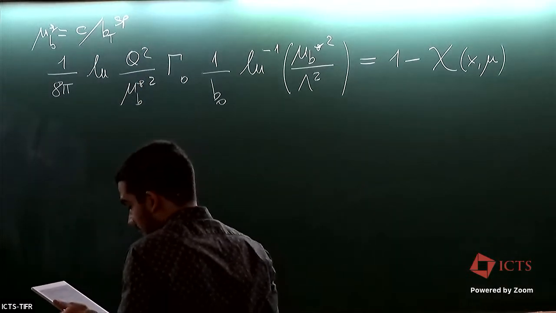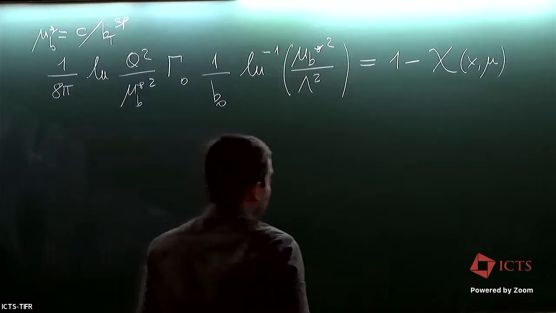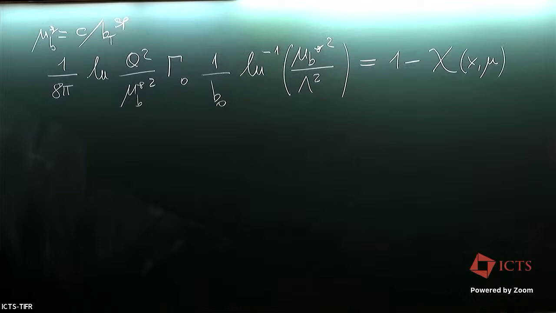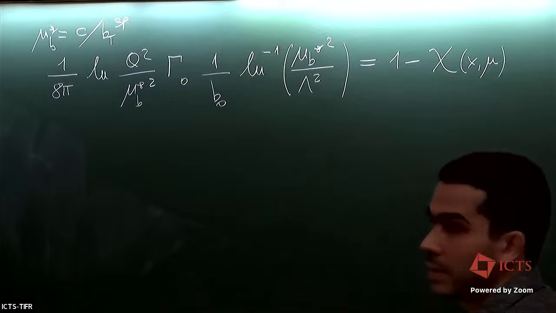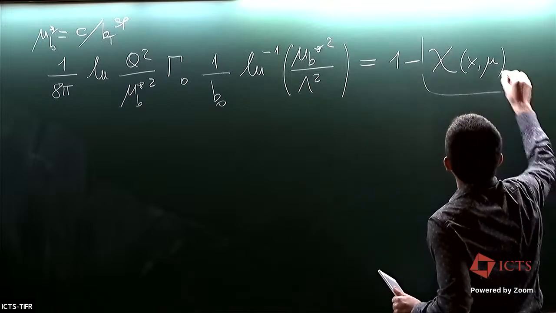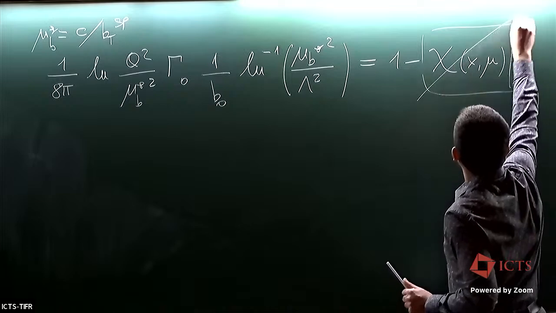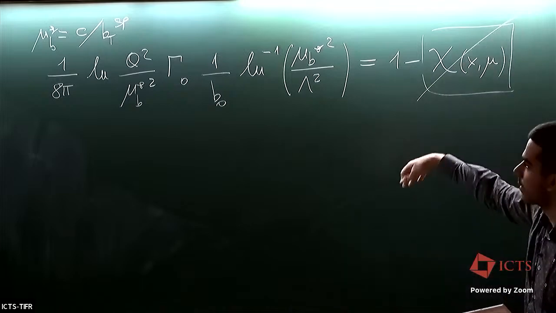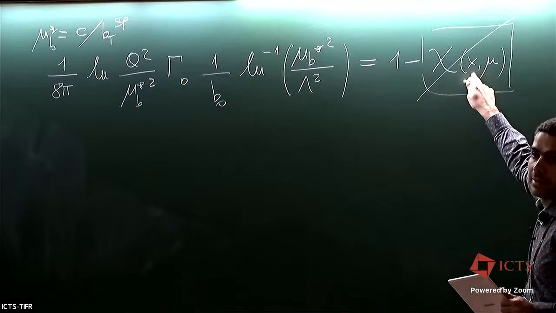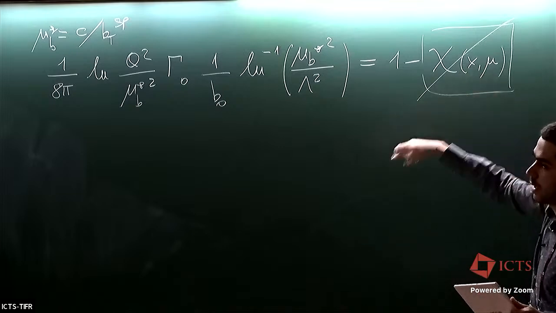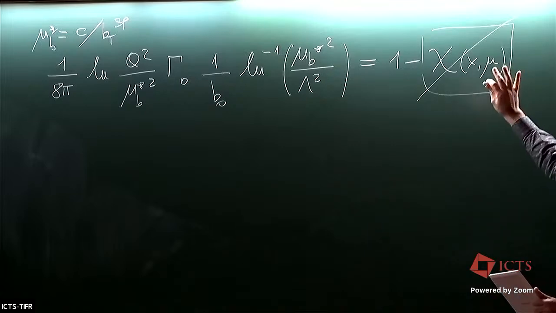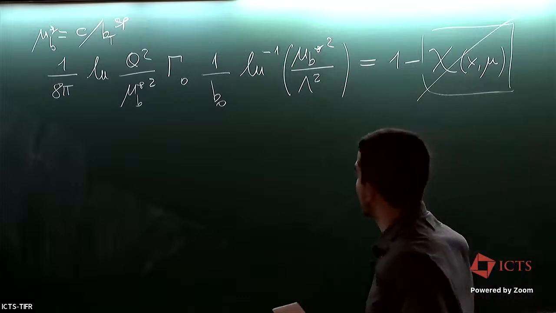Okay, so what can we do? In order to make our life a little simpler, we start by removing this function here. So we approximate the equation by saying, I want to neglect the x-dependent part. Capital X is the only x-dependent part. So the x-dependence in this equation comes only from the derivative of the collinear PDF. And we say, let's forget about it first and see what happens.